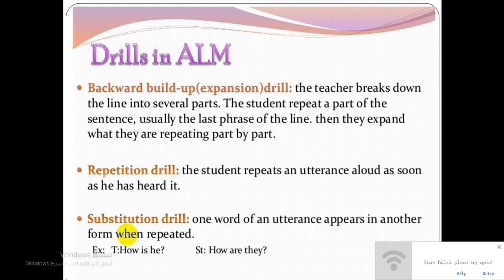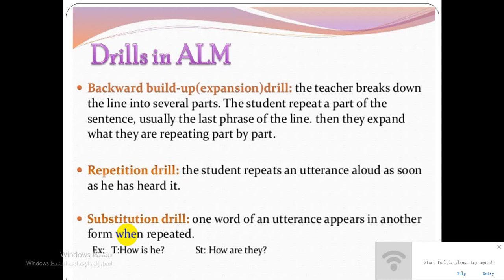Drills in the audiolingual method. We have many activities and drills, like the backward build-up expansion drill. This drill is used when a long line of a dialogue is giving students trouble. The teacher breaks down the line into several parts. The students repeat a part of the sentence, usually the last phrase of the line, then the following part as the teacher cues the students.